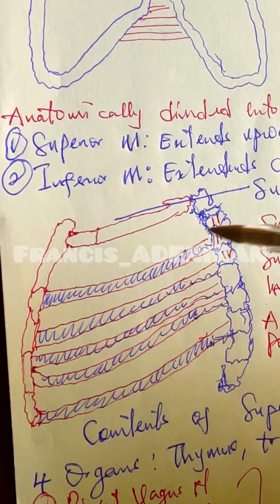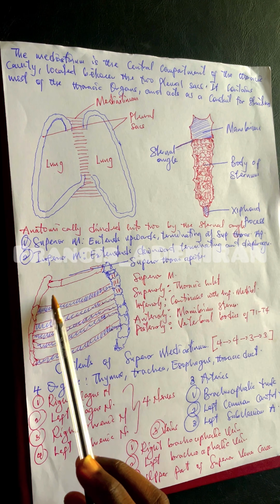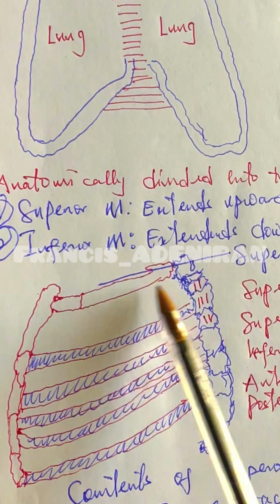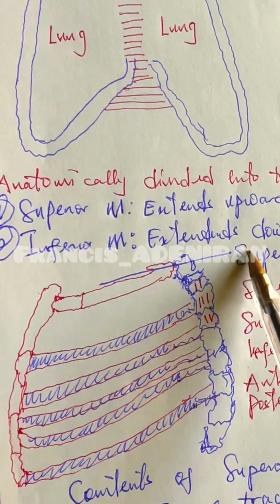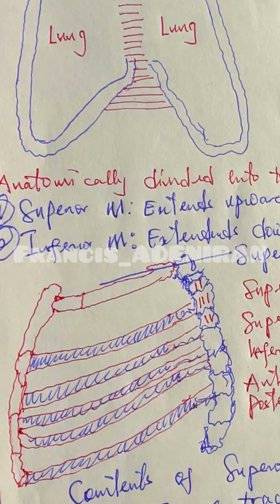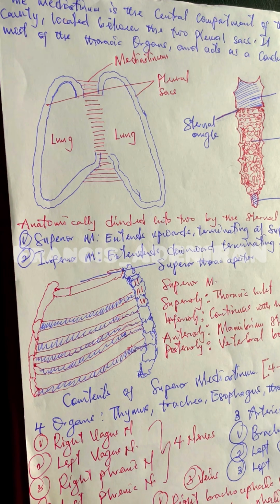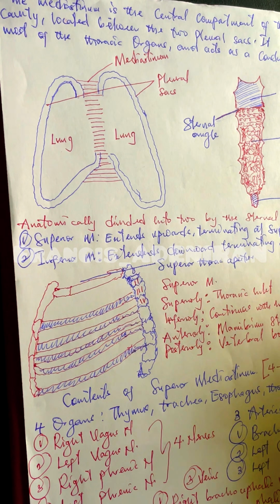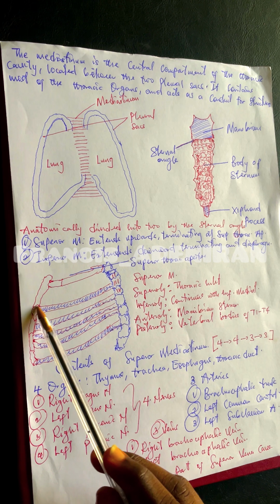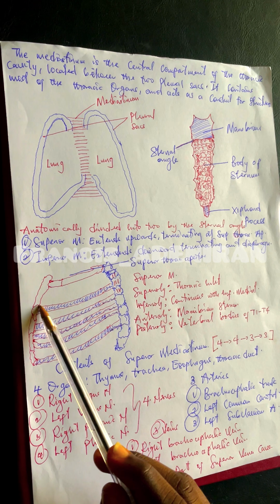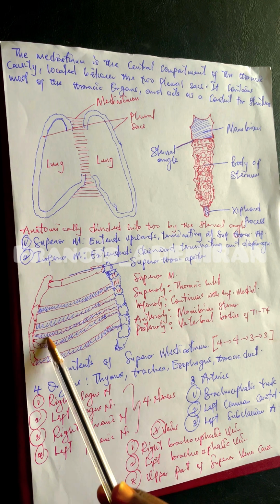So now, let's go fully into explaining what the superior mediastinum is, its boundaries, and its contents. The superior mediastinum is bounded superiorly by the superior thoracic inlet, the part labeled here. It is bounded inferiorly by the sternal angle, which is continuous with the inferior mediastinum.